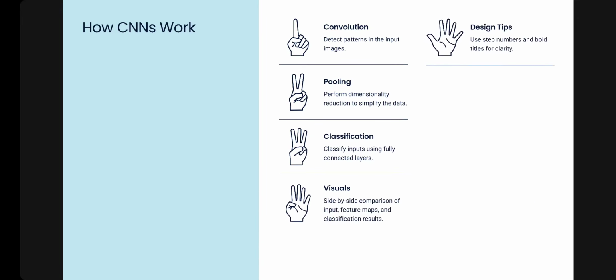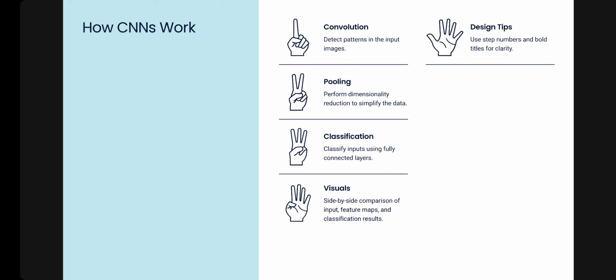Now coming to how CNNs work, they use convolution, which is detecting patterns in the input images. Take, for example, the oil spill case. I've worked on this oil spill project, and I was using CNN in that, using MATLAB. So how does it work? You take the image, and different colors will be separated, or different patterns will be separated, or something irregular with the pixelation will also be separated.